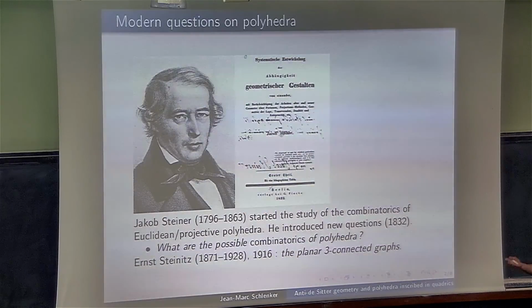It's one of the main basic results in combinatorial geometry, and the answer is that the possible combinatorics are given by the 3-connected planar graphs. In other terms, if you take a graph in the two-sphere, which is the one skeleton of a cell decomposition, it can be realized as the combinatorics of some polyhedron in Euclidean space or in projective space.